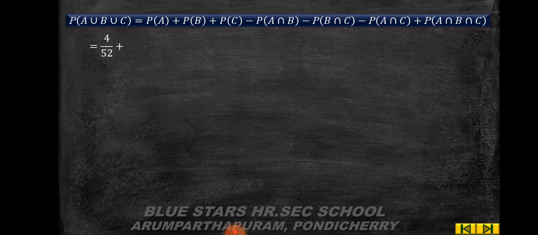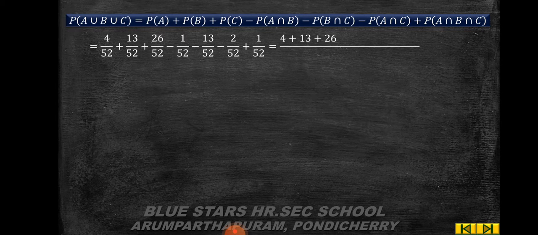Which is equal to 4 by 52 plus 13 by 52 plus 26 by 52 minus 1 by 52 minus 13 by 52 minus 2 by 52 plus 1 by 52, which is equal to 4 plus 13 plus 26 minus 1 minus 13 minus 2 plus 1 by 52, which is equal to 28 by 52.